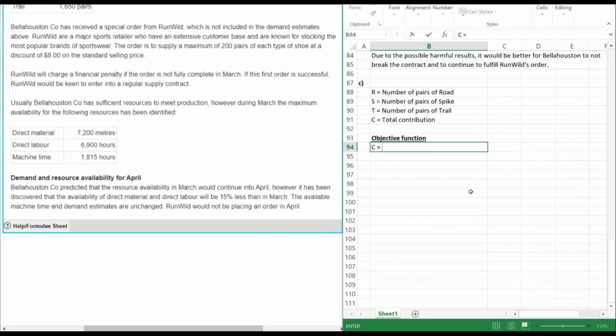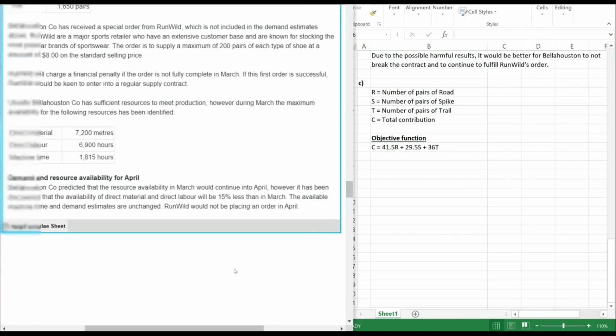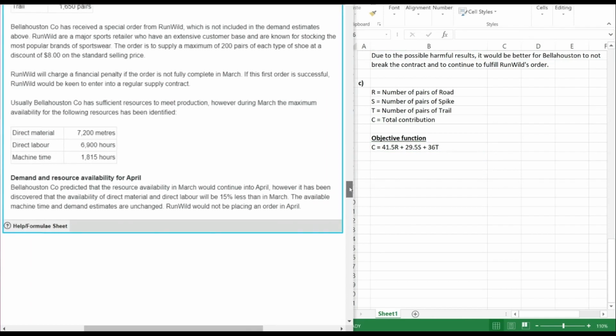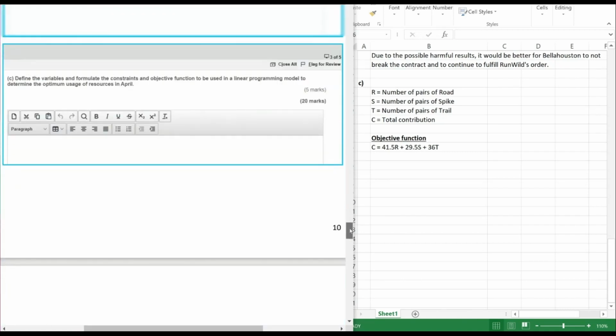So C is equal to 41.5 R plus 29.5 S plus 36 T. So that's our objective function. The other part of the requirement, we need to remember that materials and labor are 15% less for this, to formulate the constraints.